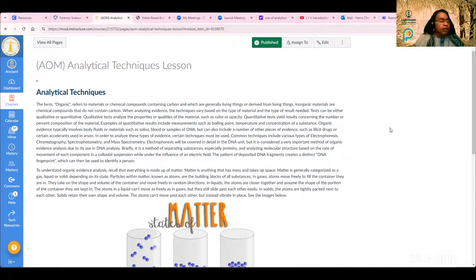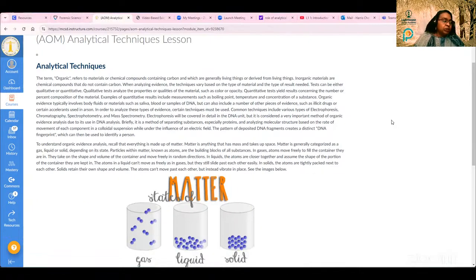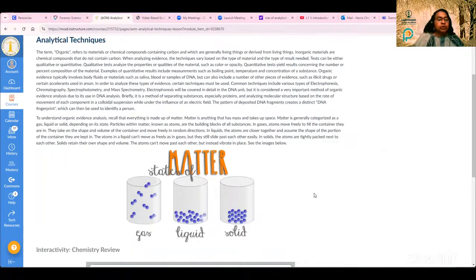However, we can't leave out the inorganic, because inorganic materials make up everything. So this is a brief chemistry review, or even science review, where you started off looking at science as there are three states of matter: solid, liquid, and gas, and it depends on temperature as to what state of matter they're in.